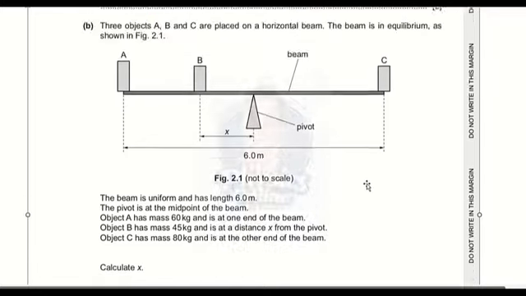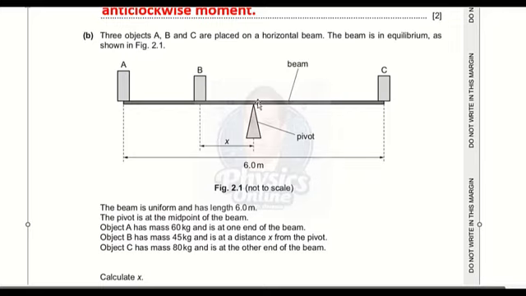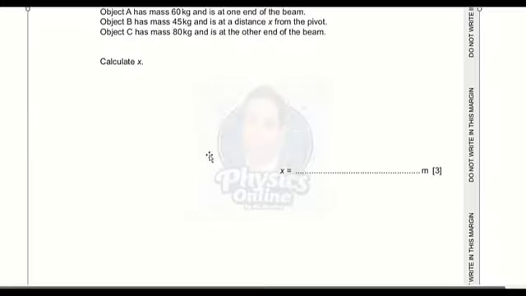Calculate x. Here the object is in equilibrium, so the sum of clockwise moments, C, equals the sum of anti-clockwise moments, A and B. So write the equation.